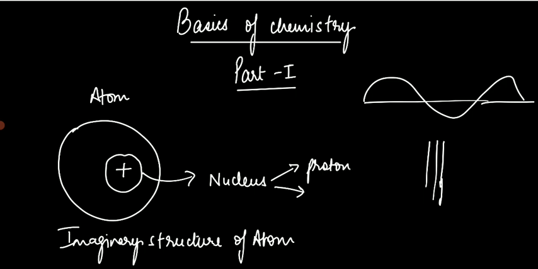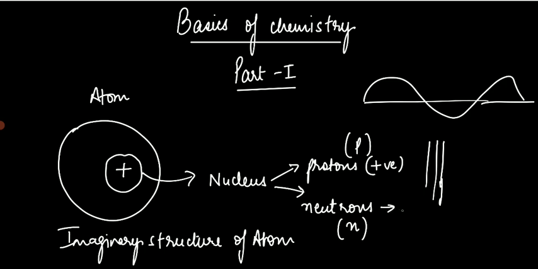We call them protons and neutrons. Neutrons are given by the symbol N, protons by the symbol P. Protons carry positive charge, neutrons carry no charge. So this core of an atom, we can call it the central part.